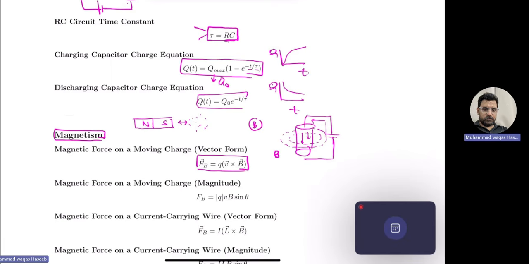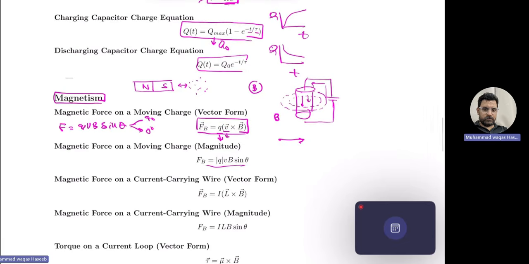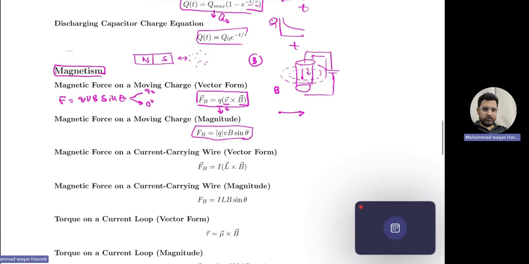The magnetic force: q is the charge, v is its velocity, and B. You can write it as qvB sine theta, the cross product. The force is maximum when the angle is 90 and zero when the angle is zero. So this is the expression for the magnitude.